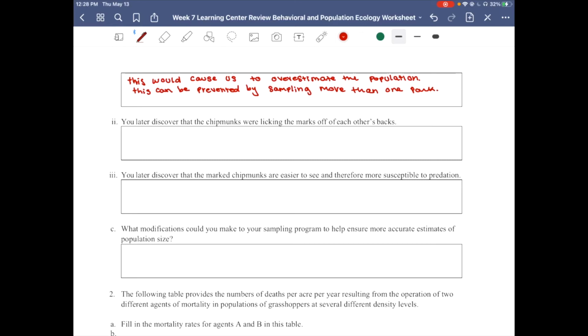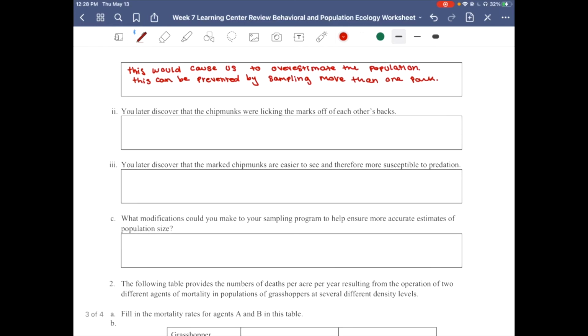All right, the next one, I found this one a little funny. You later discover that the chipmunks were licking the marks off of each other's backs. How this would affect us is that we would capture some chipmunks that were counted as unmarked that could have had their marks licked off. So essentially they're just getting rid of our marks.